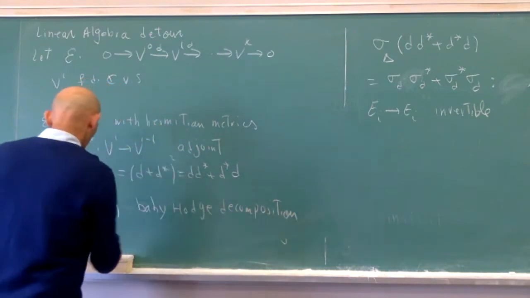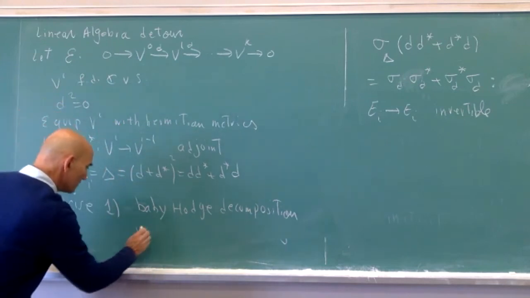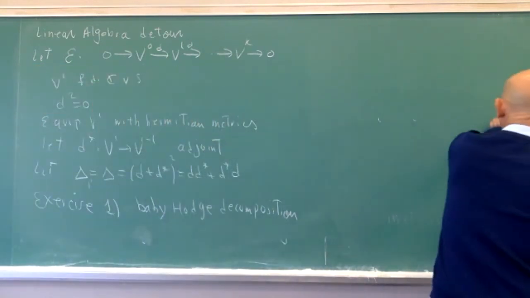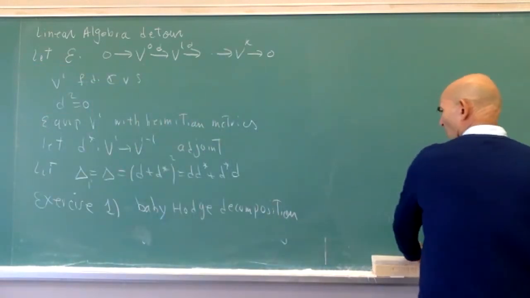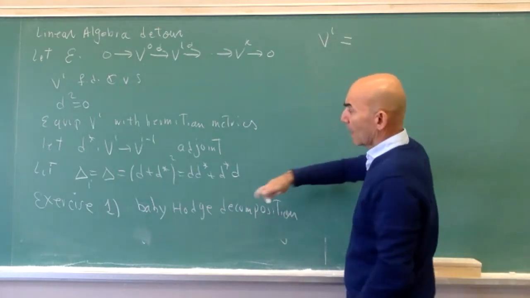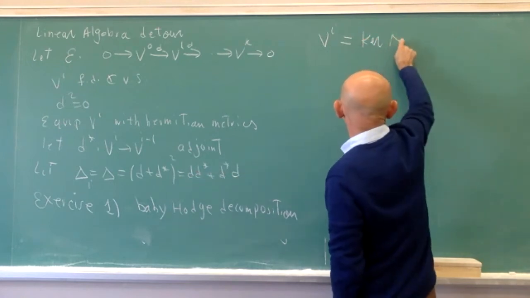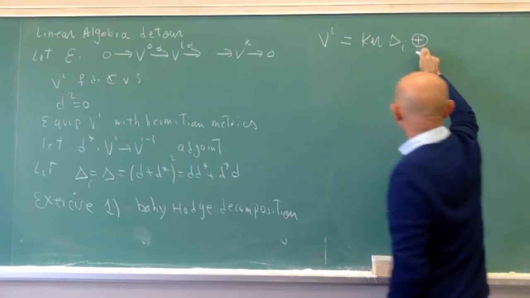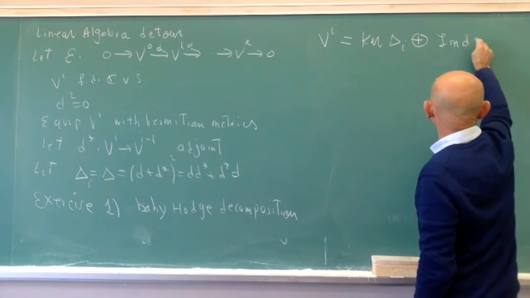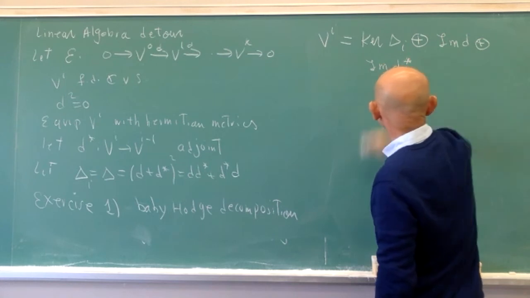Baby Hodge decomposition, which is the following thing. V_i is equal to the kernel of delta_i direct sum the image of d direct sum the image of d star.